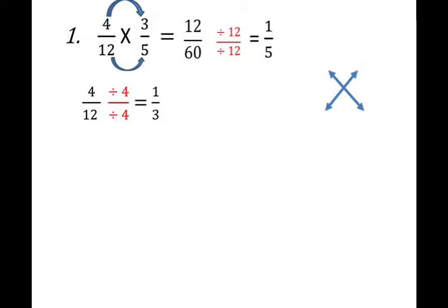So instead of multiplying 4/12 by 3/5, I can multiply 1/3 by 3/5. When you are simplifying a fraction, if you find a common multiple that can go into the numerator and the denominator and you divide by that multiple, you will get an equivalent form of the same fraction.